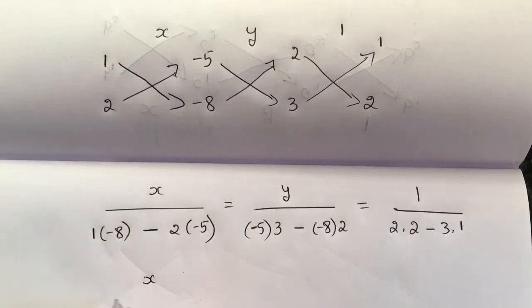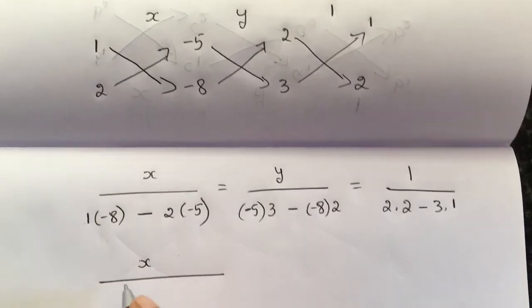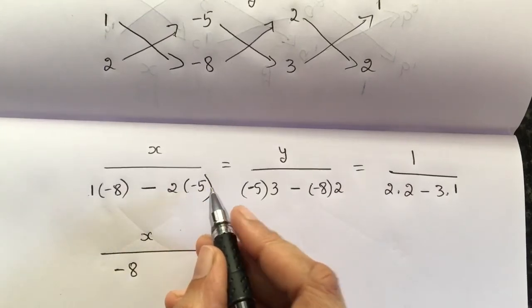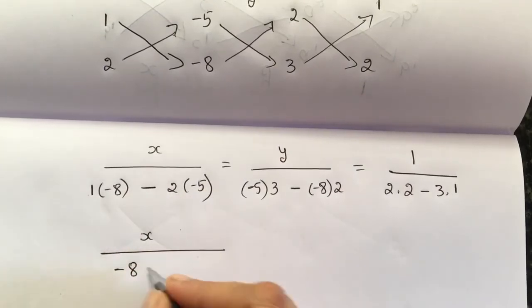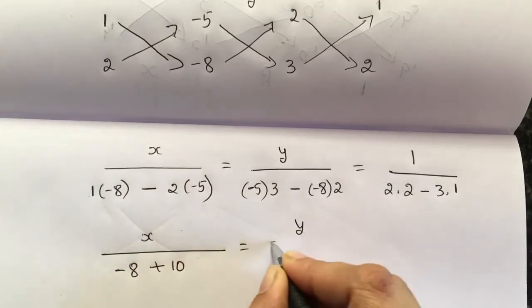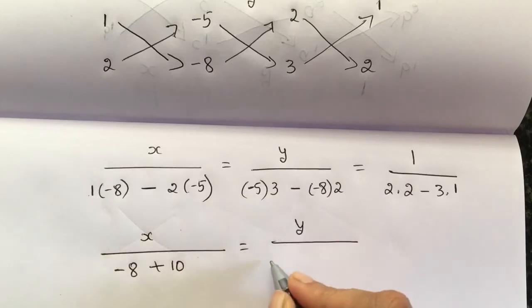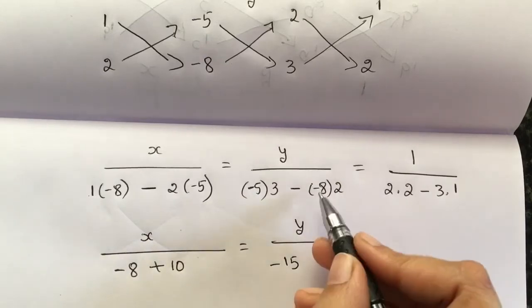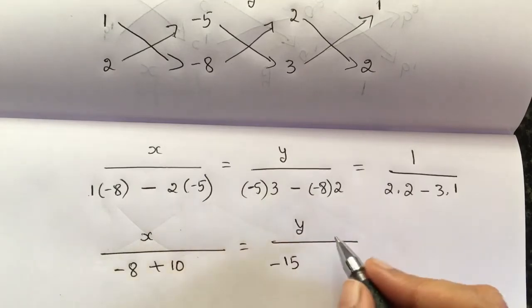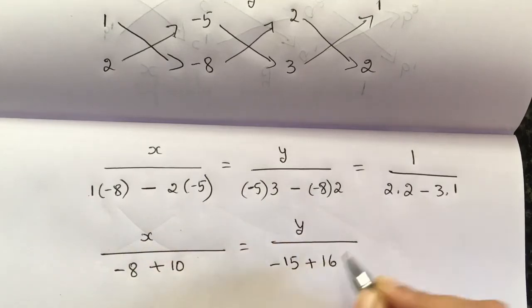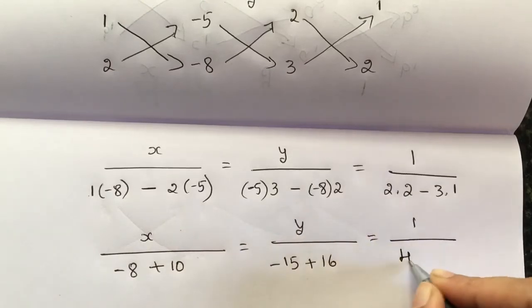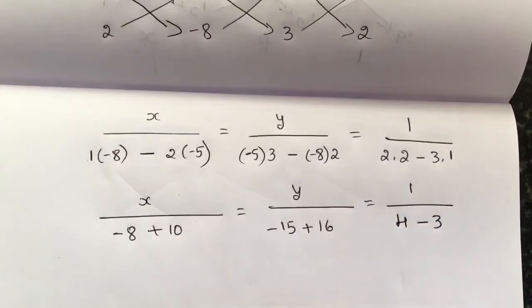x divided by 1 into minus 8 is minus 8. 2 into minus 5 is minus 10. Minus of minus 10, so it is plus 10. y divided by minus 5 into 3 is minus 15. Minus 8 into 2 is minus 16, plus 16 because of the minus sign over here. Then 1 divided by 4 minus 3, right?